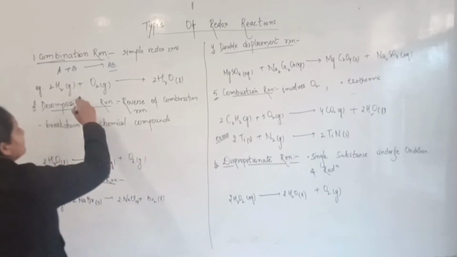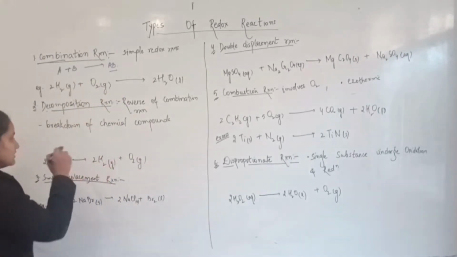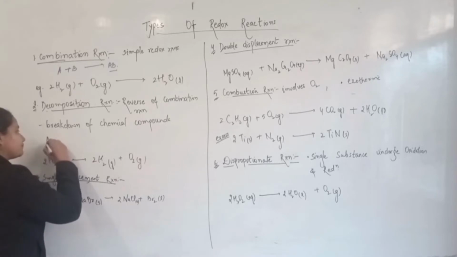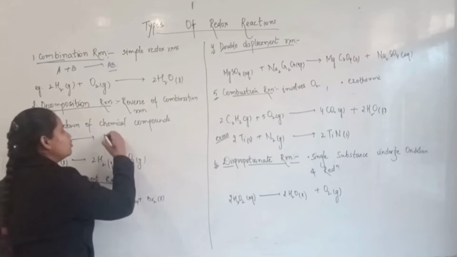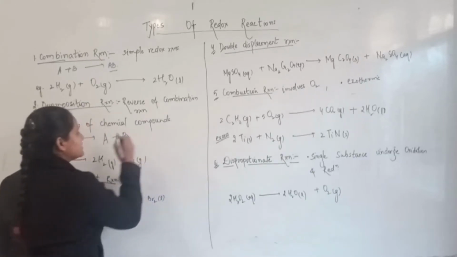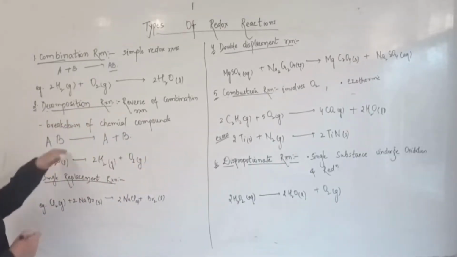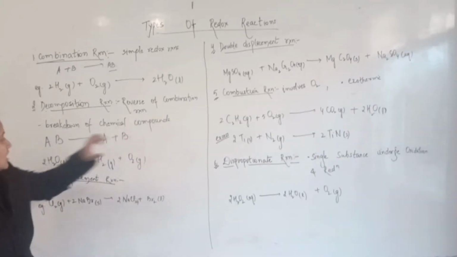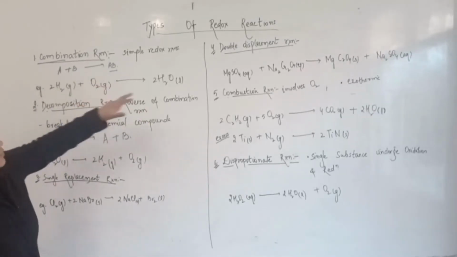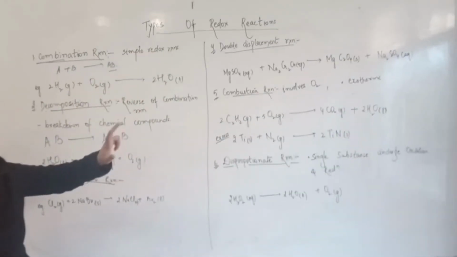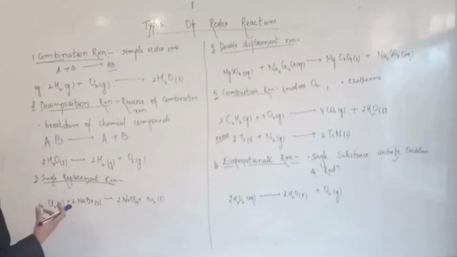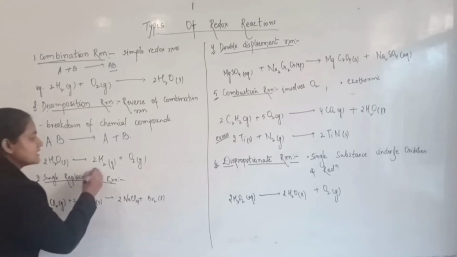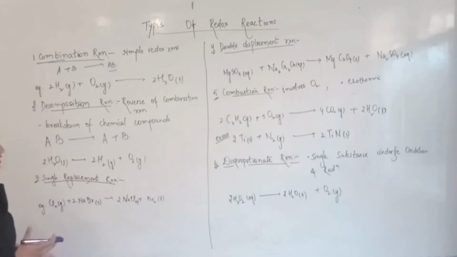There the substance was being formed, whereas in this case the substance is getting decomposed, breaking down into its constituent elements. Earlier there was a combination of compounds, but here the combined substance is just breaking.